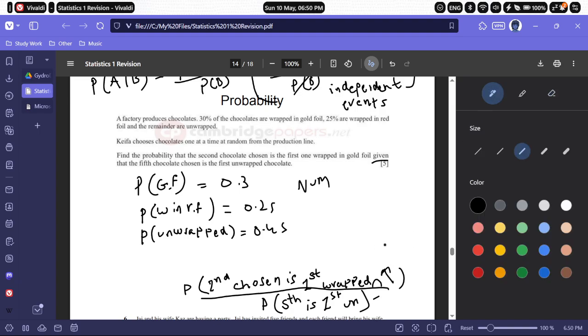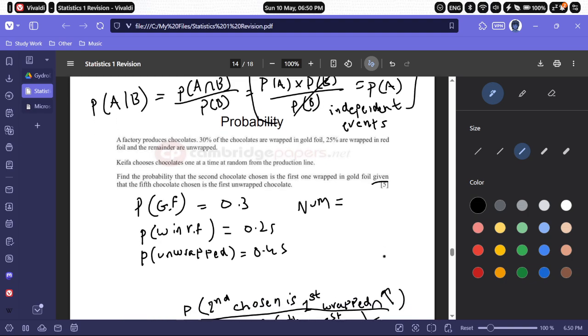Okay, moving on. So for the numerator part, the second chosen is the first wrapped, and the fifth chosen is the first unwrapped, right? You don't necessarily have to use geometric.